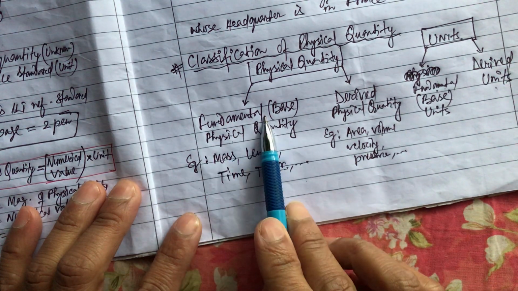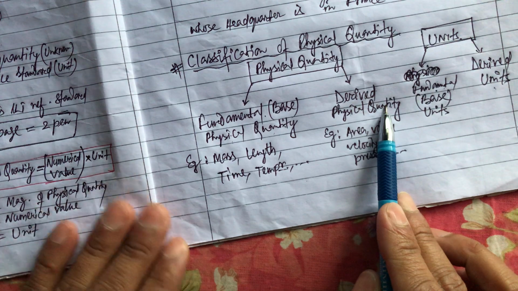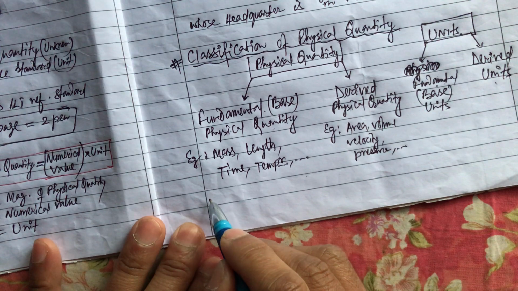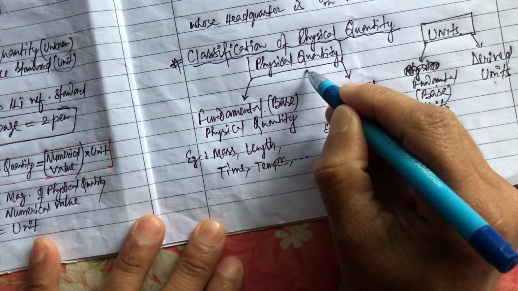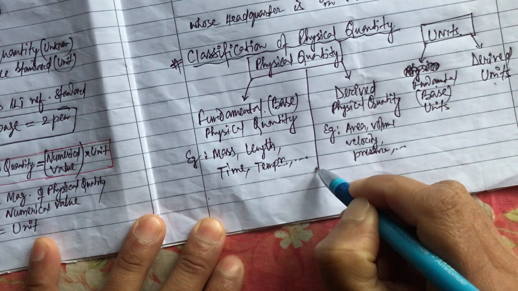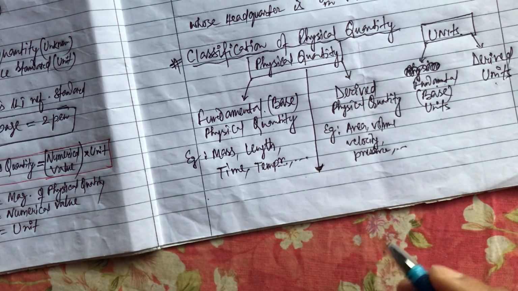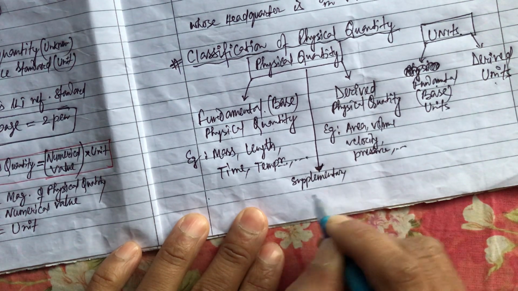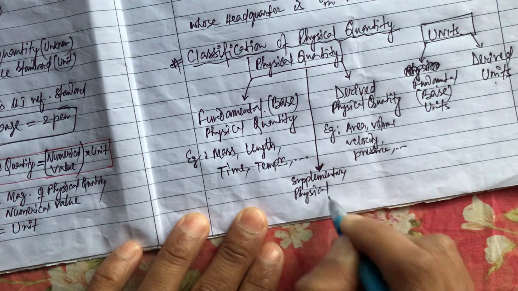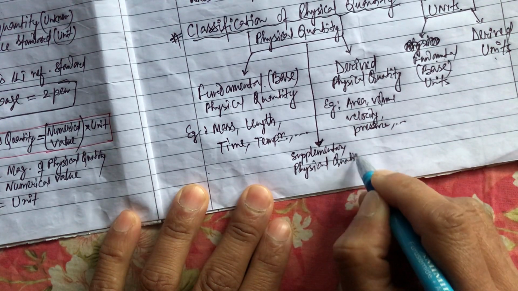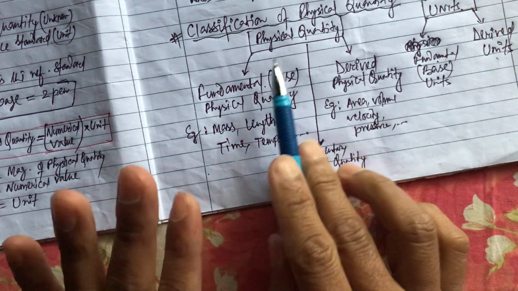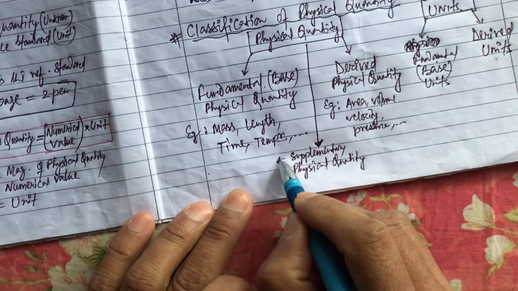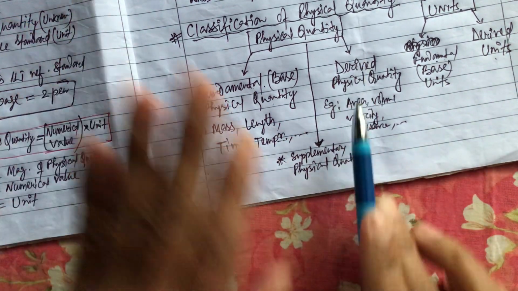Along with fundamental and derived physical quantities, we have one more type, which is called supplementary physical quantity. We don't keep this among them. Okay, this is separate. So fundamental, derived, and this is separate.